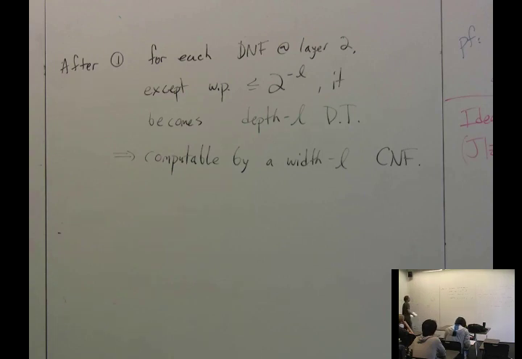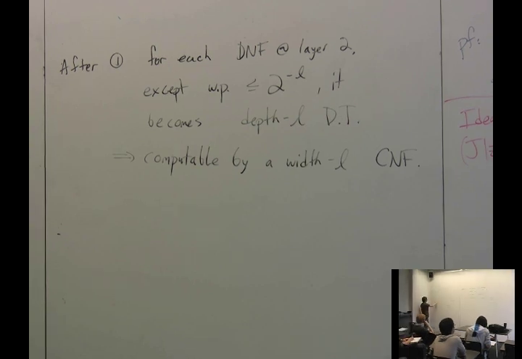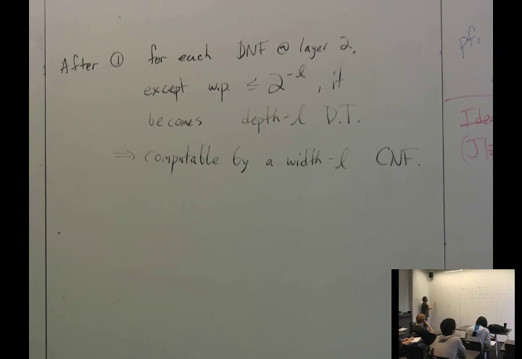Okay, so assuming nothing terrible happens, and we'll count out the probability in a second, all of these DNFs can now be computed by width L CNFs. And that's actually where the name switch in the switching lemma comes from. You've somehow switched each of these things to be a CNF. And this width now is at most L. And all of these DNFs at layer 2 are now computable by CNFs.